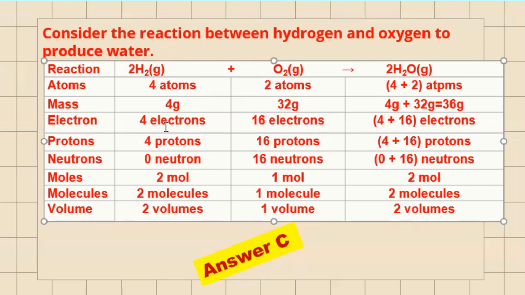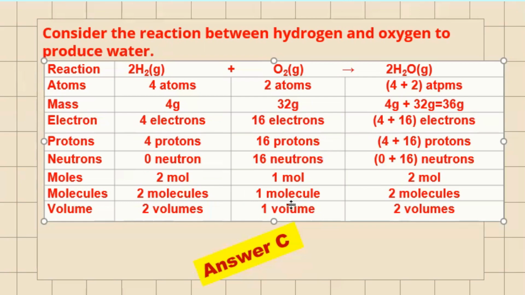The number of electrons also are the same, but the number of moles, molecules, and volumes may not be equal in both the reactant and product side. Look, 2 plus 1 is 3 moles on the reactant side, but 2 moles on the product side, not equal. 2 molecules plus 1 molecule is 3 molecules, giving 2 molecules of water, not equal.